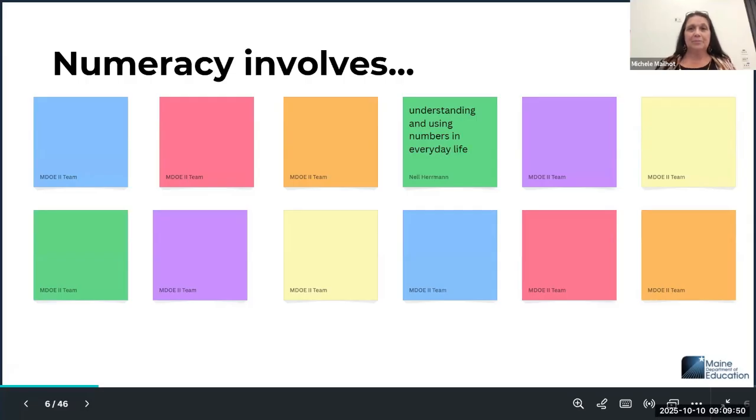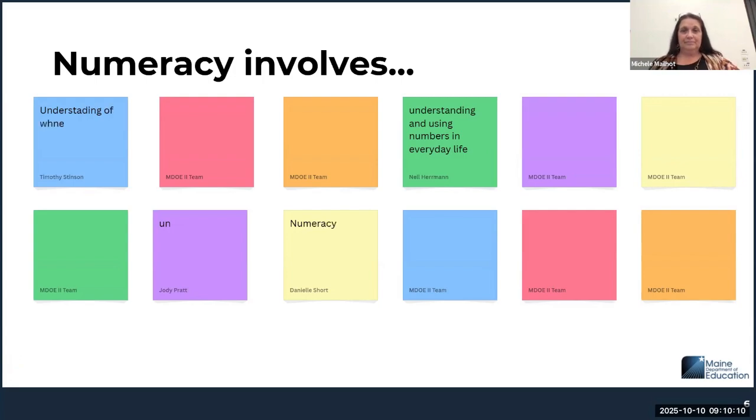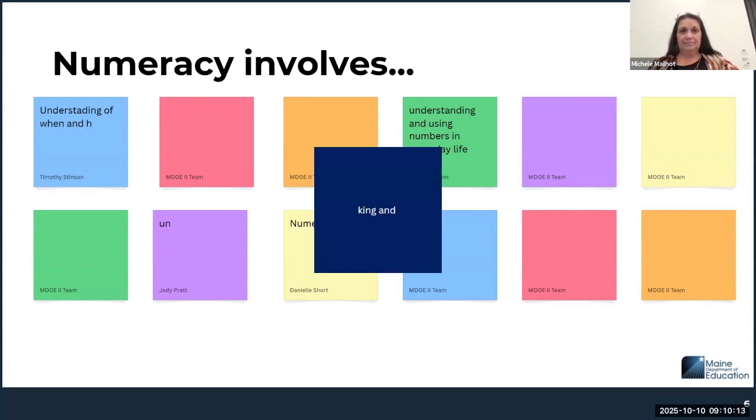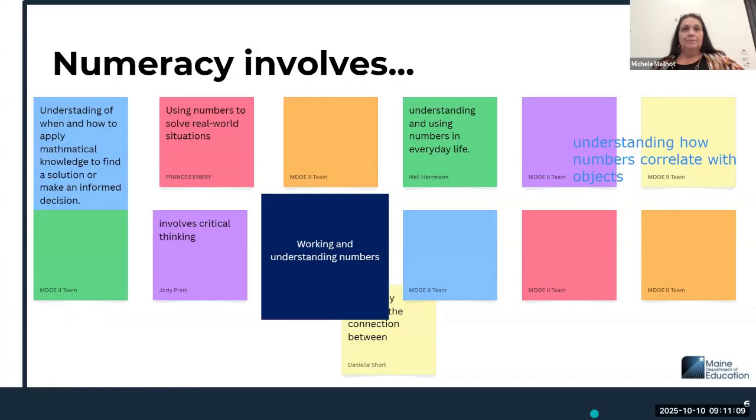We'll take a few minutes while people enter what they think numeracy involves. Please remember that if you go forward in your slide deck, you'll see that there are multiple slides set up for numeracy involves.